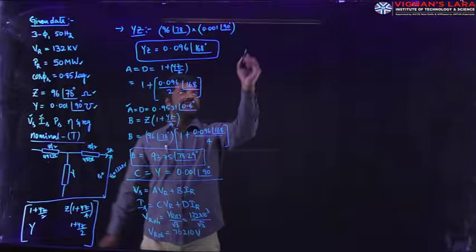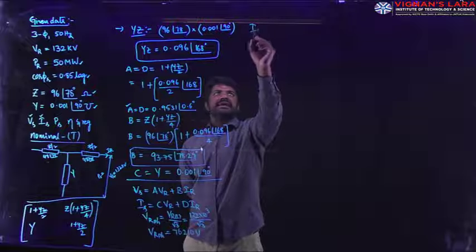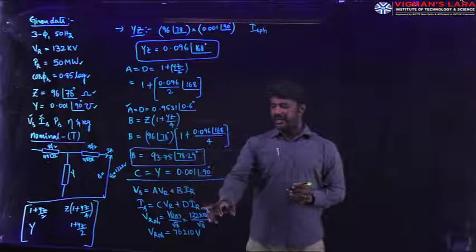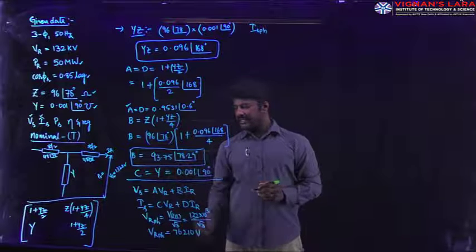And next we can estimate the phase current IR per phase, because VR and IR are required for calculation of Vs and Is.